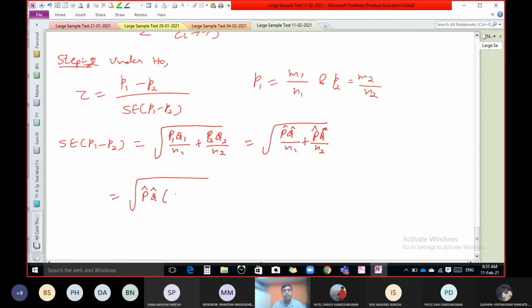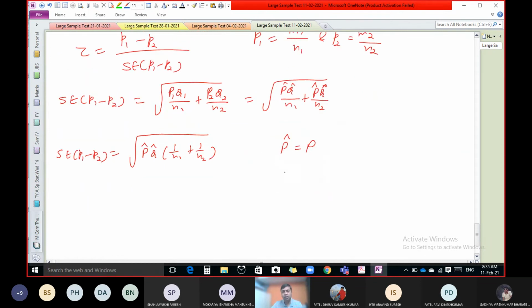So this is the formula. You have to learn this formula, this last one, with P cap Q cap. In some books, instead of P cap they write only P. That is okay, that is only a symbol, but the better symbol is P cap and Q cap.